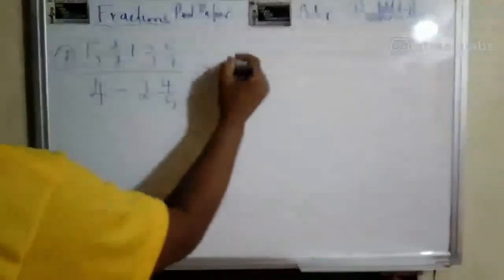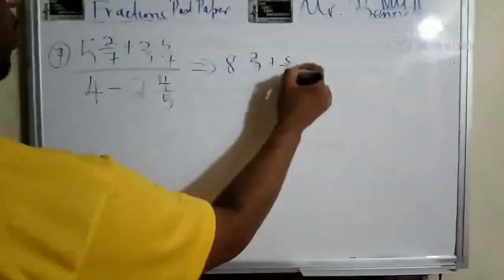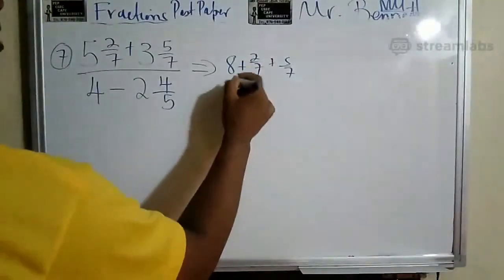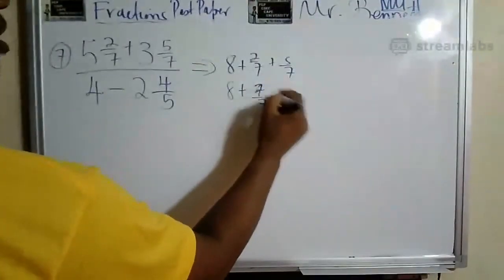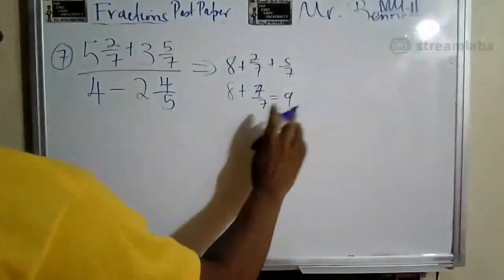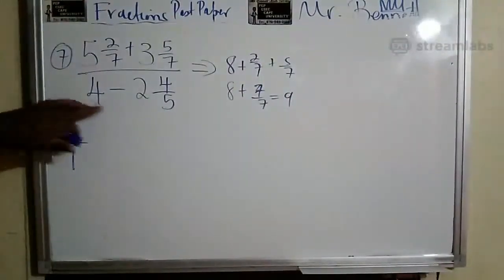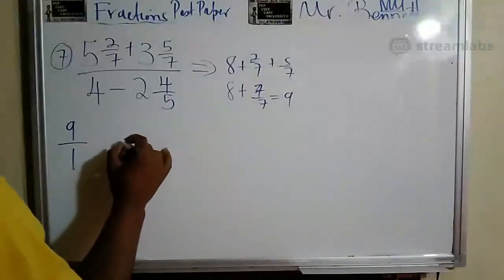So 5 plus 3 is 8, and we add 2/7 plus 5/7. When the denominators are the same, we add the numerators. So it will be 8 plus 7/7, which is the same thing as 1. So that works out to 9, right? So this is 9/1, and then we can work this one now, the numerator now, the denominator now.